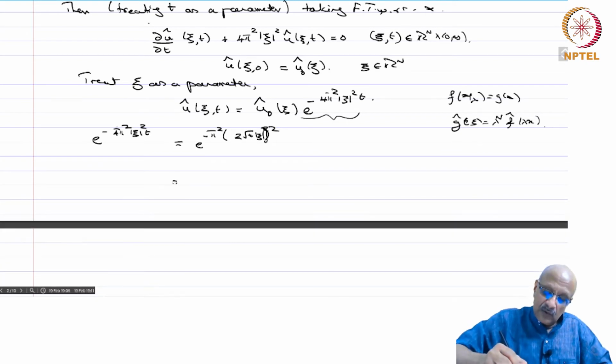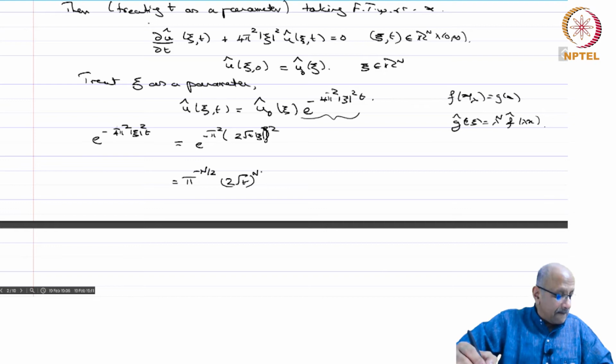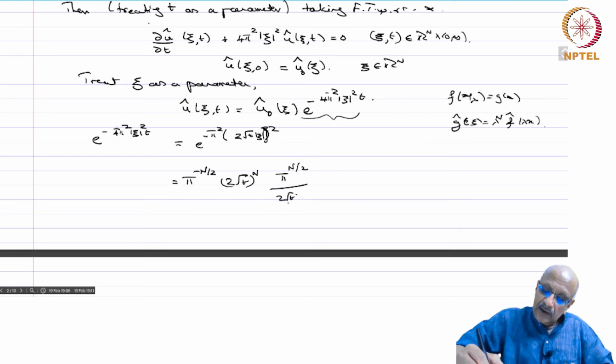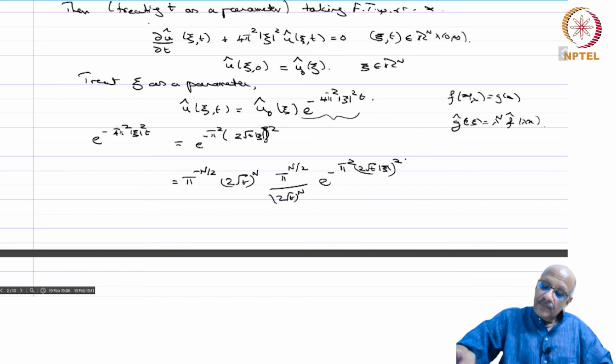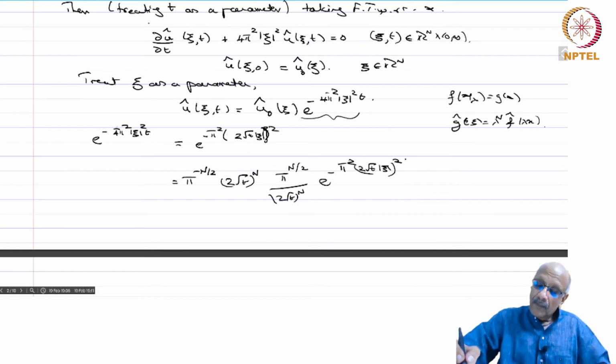So this will be equal to pi to the power n by 2, divided by 2 root t power n, and then e power minus pi square times 2 root t mod xi whole square. So that is the lambda xi. This is of that form, pi power n by 2 by lambda power n is also there.